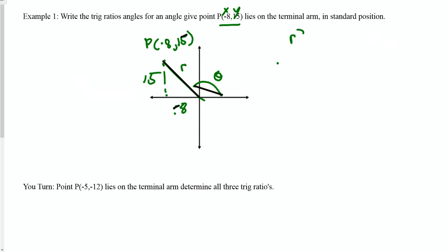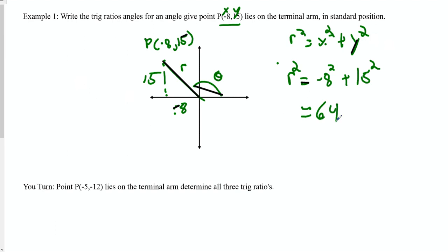So r squared equals x squared plus y squared. Sorry that's so messy, guys. I don't know what's going on here. Either way, we can power through. R squared equals -8 squared plus 15 squared. So that's going to break down to 64.